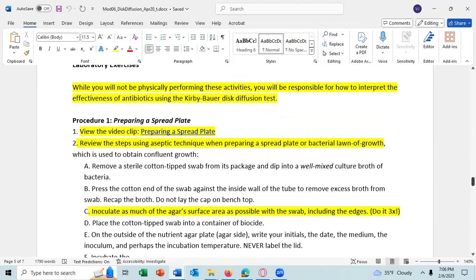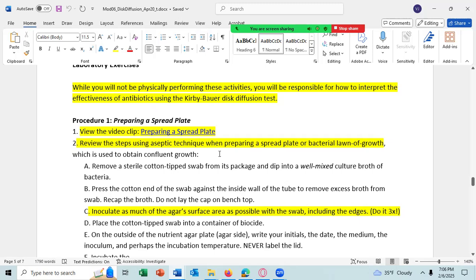You can view a little movie showing you how to prepare a spread plate, getting a plate of agar with bacteria growing on it using the spread plate method, and then review the steps for using aseptic technique for preparing a spread plate or a bacterial lawn of growth.